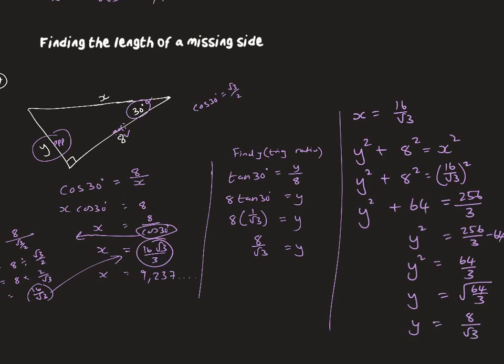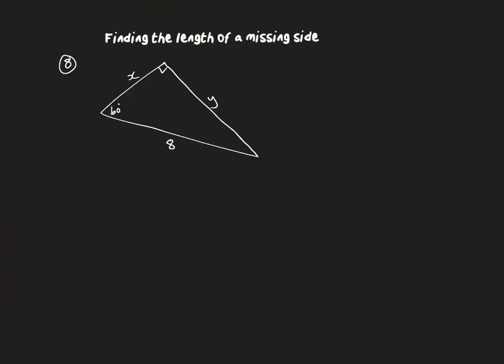It's just dealing a bit with surds, which is exactly the same y as we had earlier. So it's up to you whether you do it with Pythagoras or use a trig ratio again. So, last example: another 90-degree triangle with x, y, and 8.